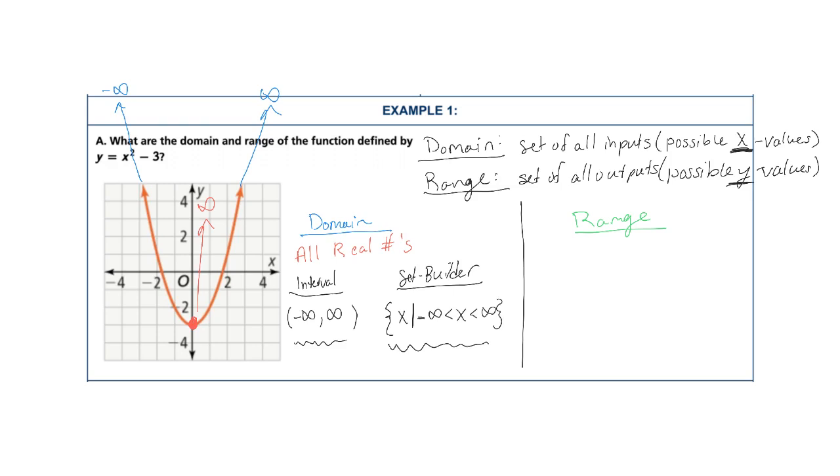So if it stops at this point, we need to figure out what point this is. This says (0, -3). So that means our function goes all the way to infinity, but our function stops at -3 as our lowest point.